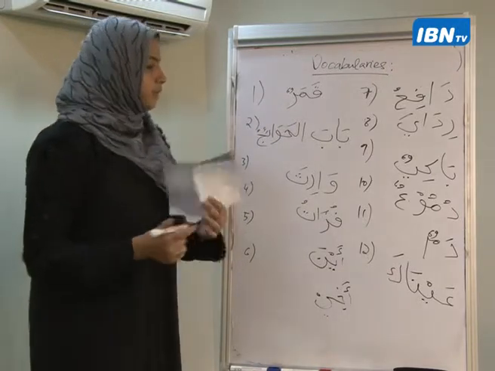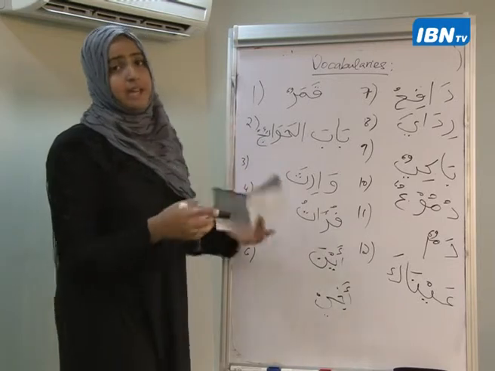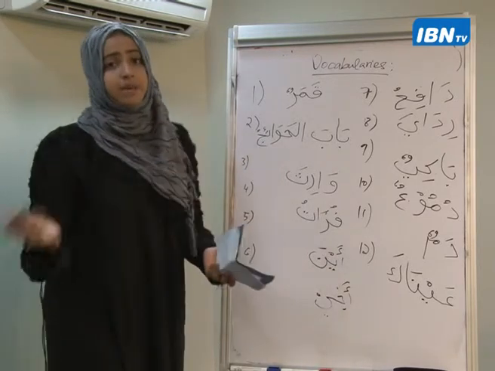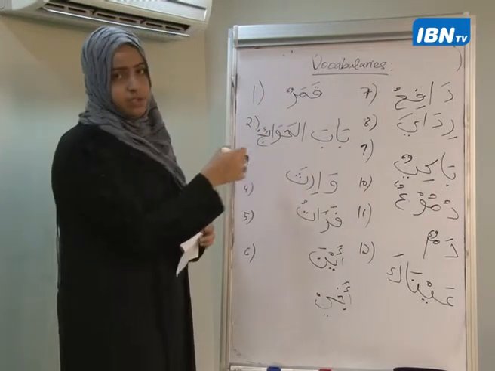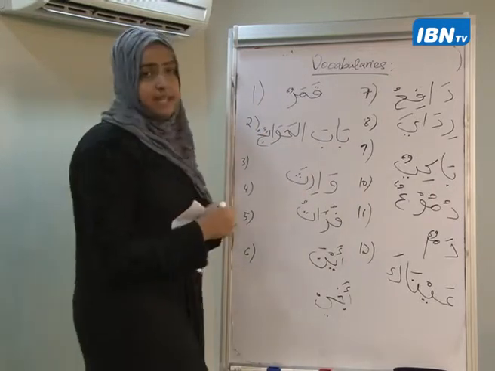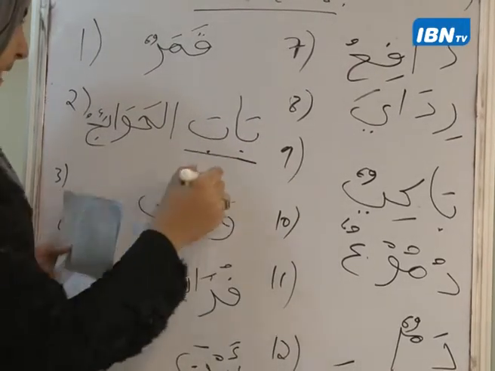So we have Qamarun. Qamarun means moon. Of course, we had done Hurufu Shamsiya, Hurufu Al-Qamariyya, moon letters, right? Then we have Bab al-Hawaij. Bab means door, okay? So Bab means door.